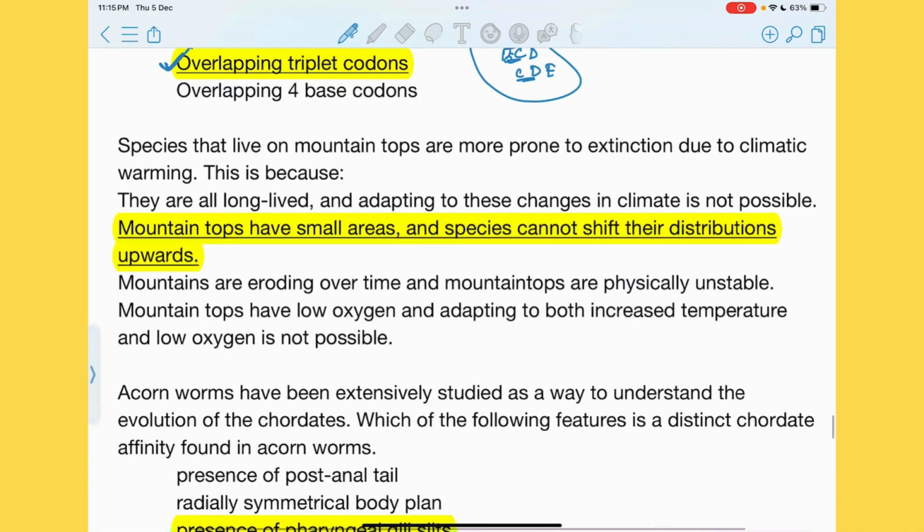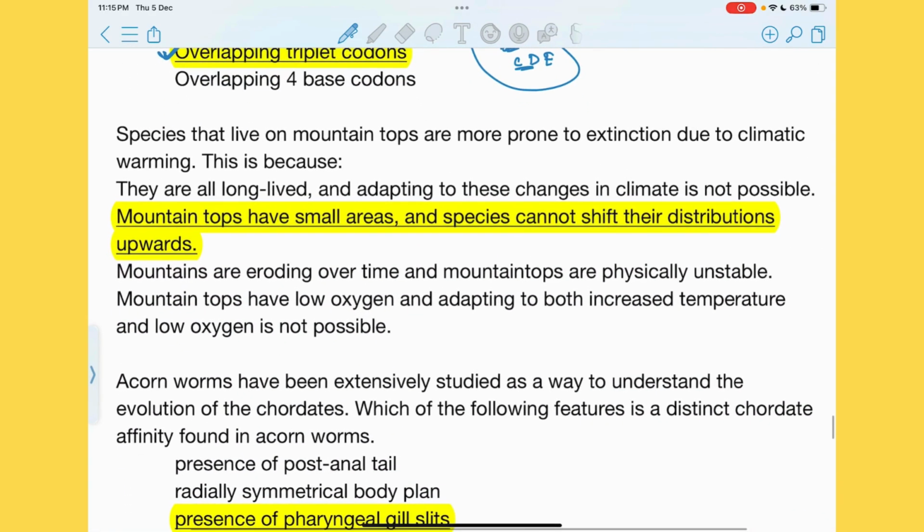The next question says, species that live on mountain tops are most prone to extinction due to climate warming. This is because they are all long-lived, and adapting to these changes in climate is not possible. This is possible, but it's not that the climate change will not be possible. Mountain tops have small areas and species cannot shift their distribution upwards. Yes.